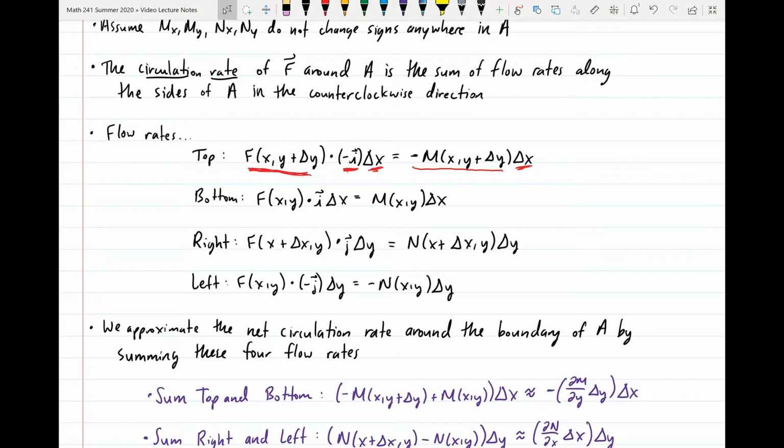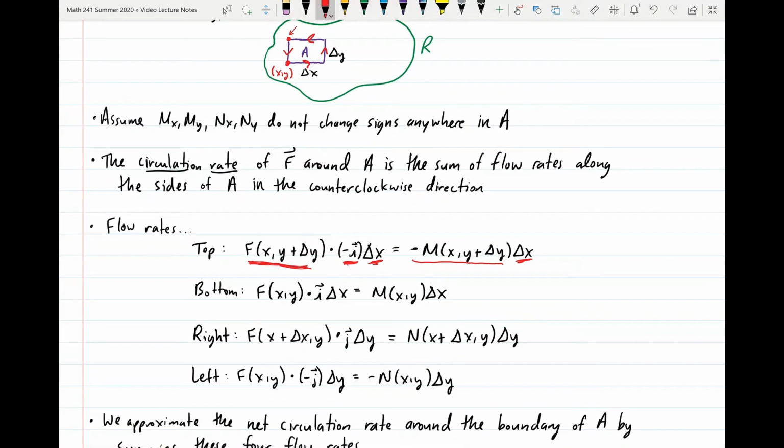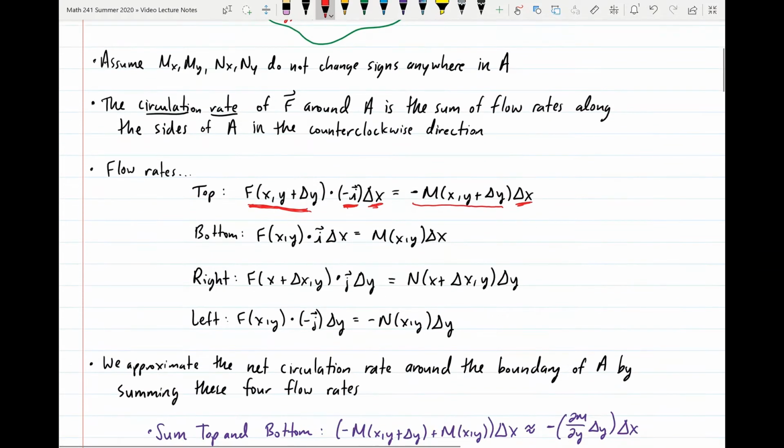For the right side, we have f of x plus delta x, y dot j, because this time we're moving exactly upwards in the y direction, times delta y again, which is the length of the right side. And this will just be equal to n of x plus delta x, y times delta y.